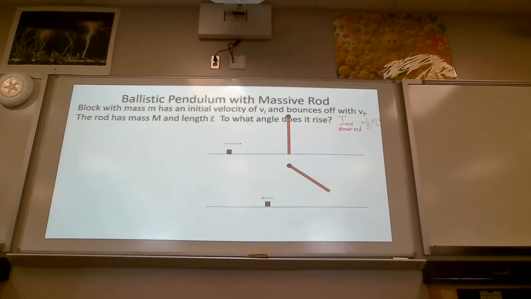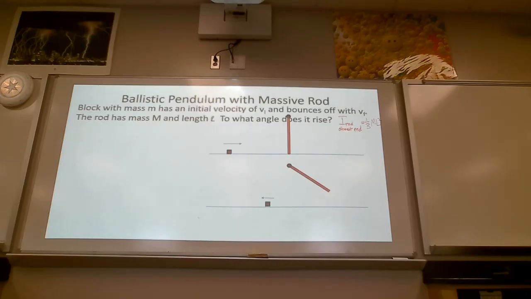Okay, first off, we're not really worried about the launch part. During the collision part, is regular momentum conserved? Why or why not? Is linear momentum conserved? No. Why not?